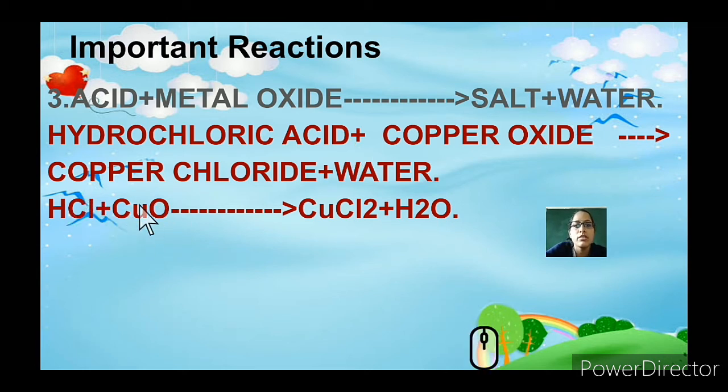So HCl plus CuO, where CuO is copper oxide, gives rise to CuCl2. You might be thinking how Cl2 came. Copper's valency is 2, that has been cross multiplied to give rise to Cl2, and water.